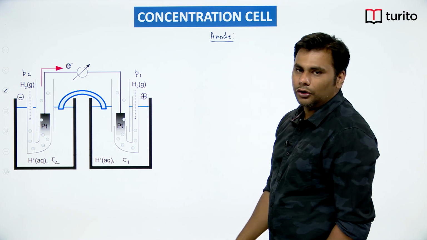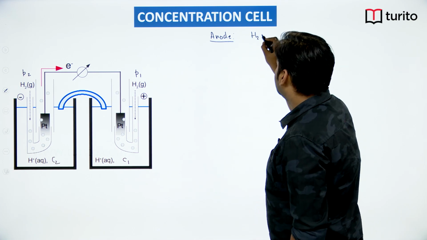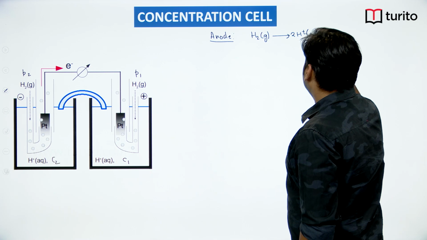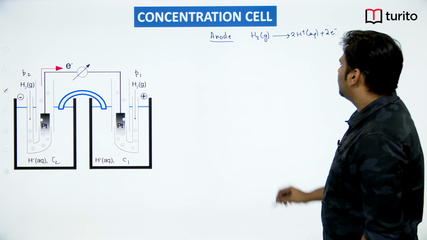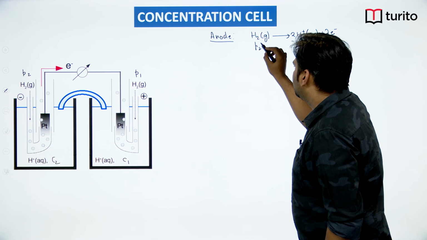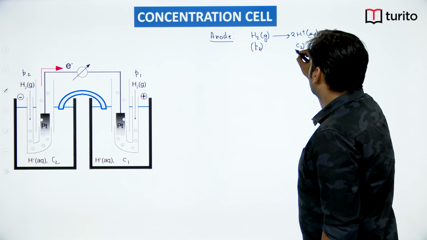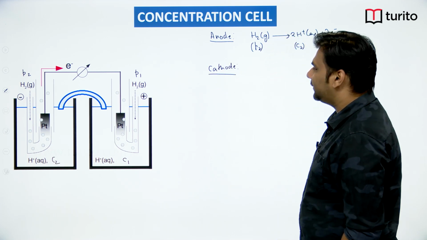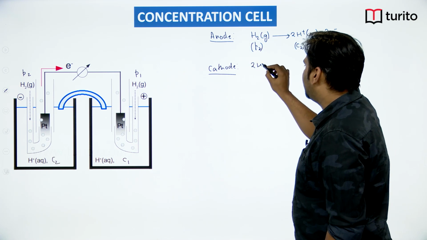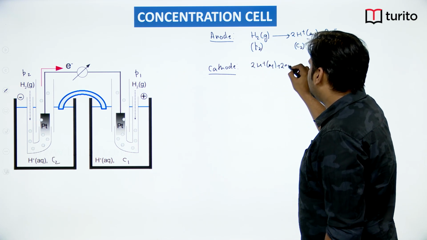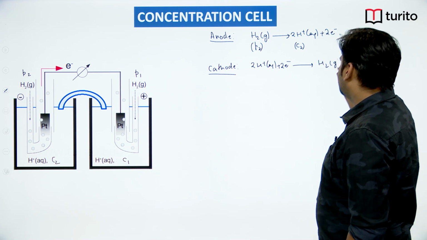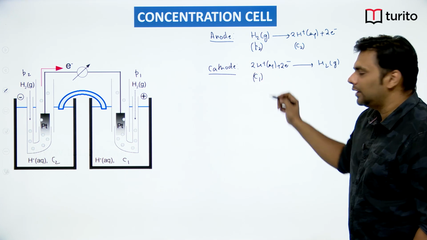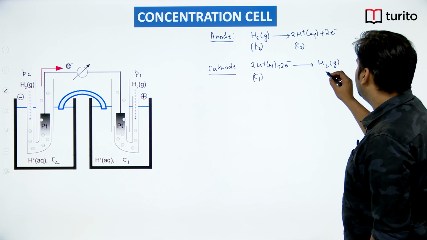At the anode oxidation takes place, so H2 gas would get oxidized into 2H plus and 2 electrons. The partial pressure is P2 and the concentration is C2. Similarly, at the cathode, H plus takes up 2 electrons because reduction takes place there, and changes into hydrogen gas. The concentration of H plus is C1 here and the partial pressure of hydrogen is P1 here.